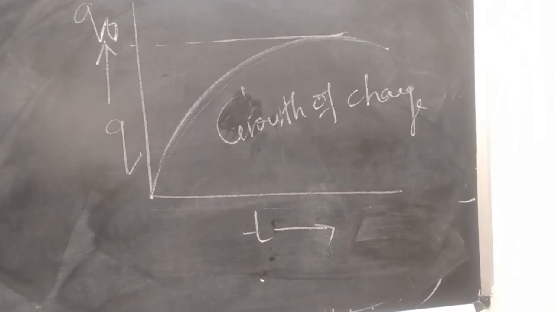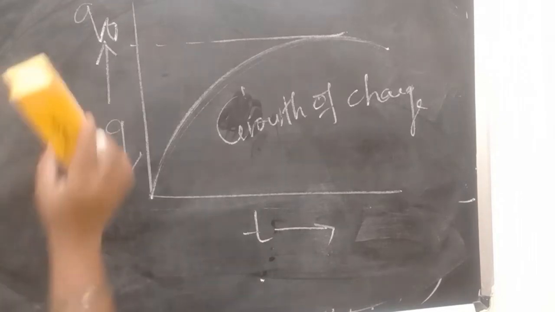So this is what is called growth of current. Then what is the value which we get for growth of current? How do we calculate it? There is one formula for that, I will show you.